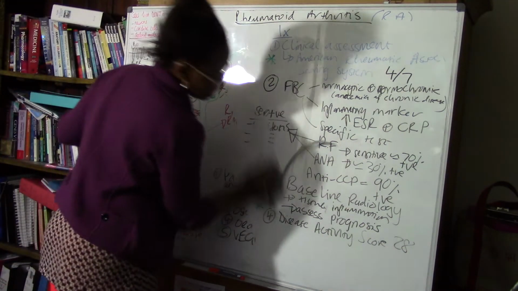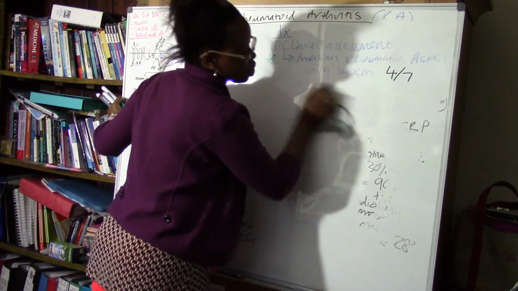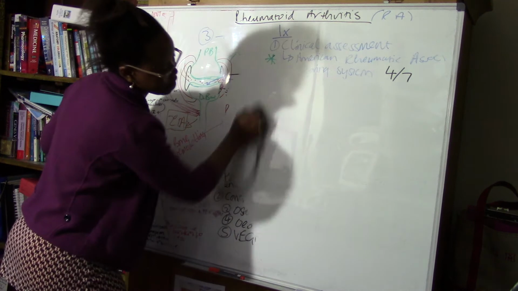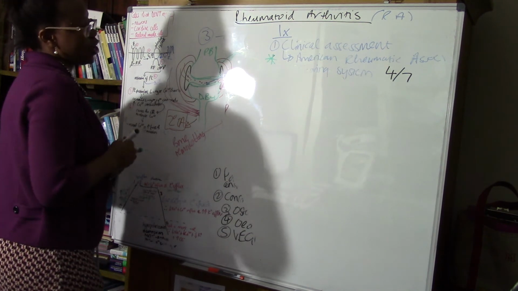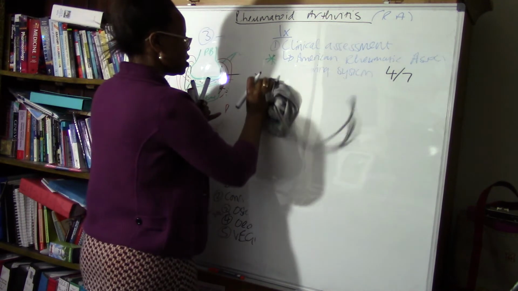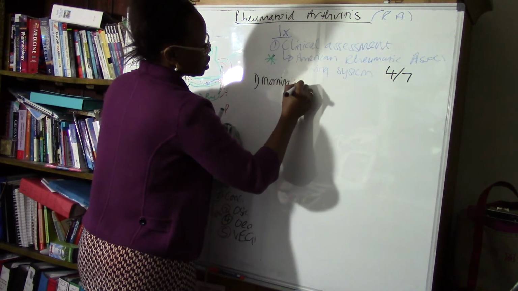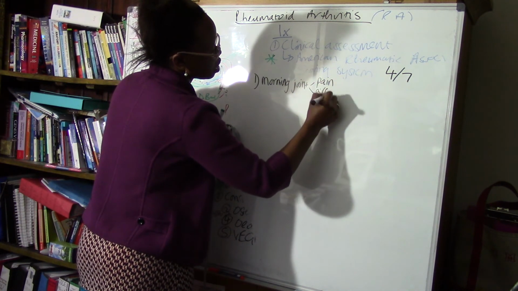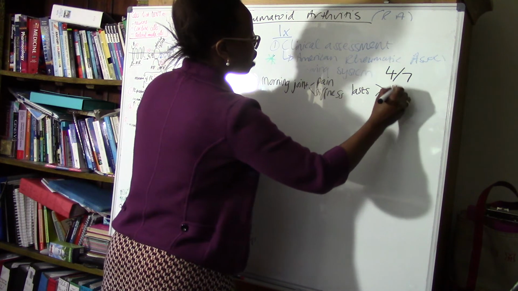So the 7 features that are looked for in the American scoring system that we use to have a definitive clinical diagnosis of RA include, number 1, joint pain and stiffness, like morning joint pain and stiffness that lasts more than 1 hour every morning.